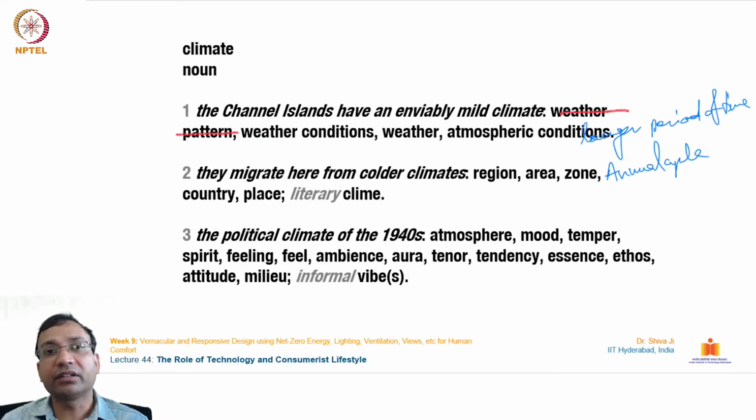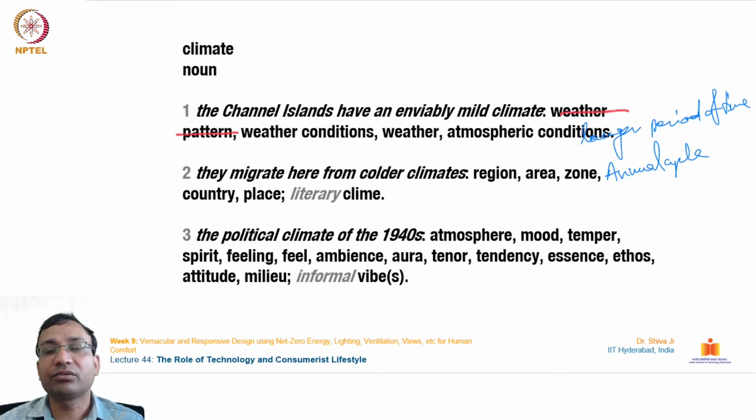If you see the simple definition of climate, what is climate? Climate is a longer period of prevailing environmental conditions imposed by nature on any given place.